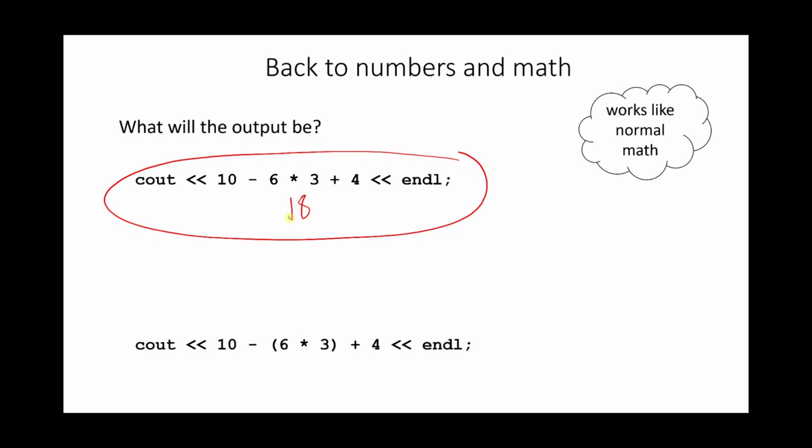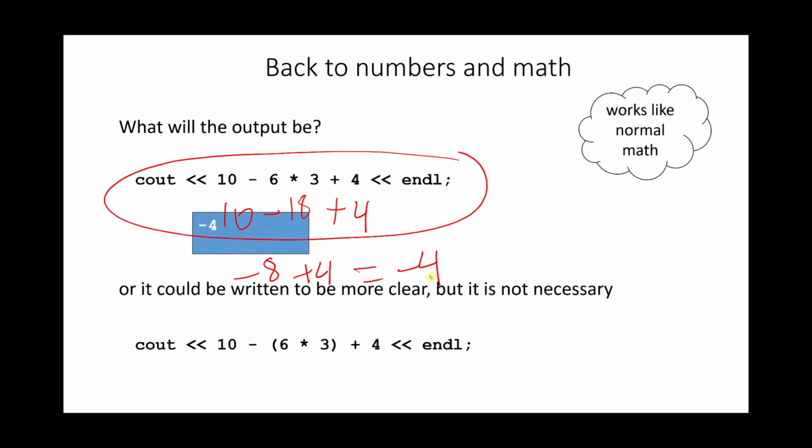Plus 4, and we have 10 minus 18 plus 4. The plus and the minus are equal in precedence. 10 minus 18 is going to be negative 8, plus 4. Then negative 8 plus 4 is going to be negative 4. And this is negative 4.